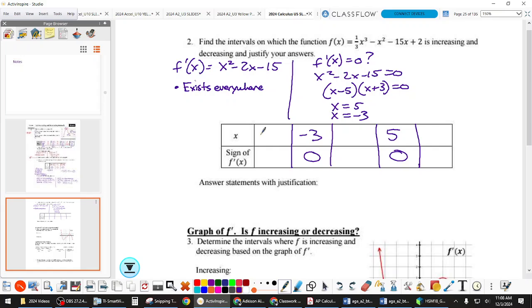But can't you just plug it into the factored form to find out? Would it just be easier? Yeah, you could. Like our first interval, negative infinity to negative 3. What would you pick? Negative 4 or something.